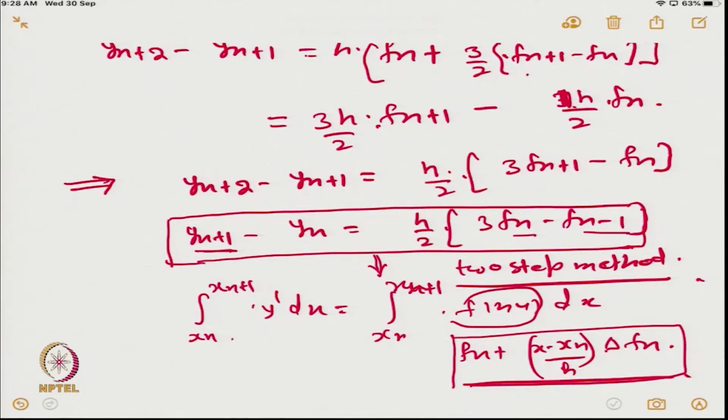Because accordingly we get the trapezoidal method, which is just a single-step method. It involves terms with n and n plus 1, while in the case of the two-step method, terms involved n plus 1 and n plus 2 from here, and n minus 1, n and n plus 1 there. That is why we started integration from x n plus 1 to x n plus 2. So, it all depends on how you want to manipulate and what terms you want to keep in your difference equation. Accordingly, you will get your difference equation.